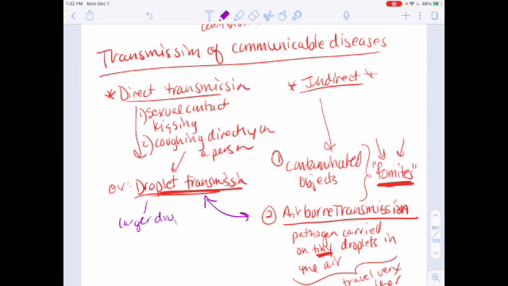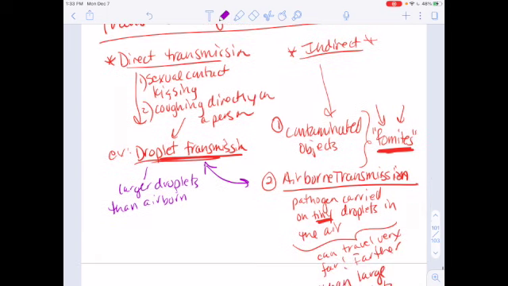Larger droplets, water droplets that is, than airborne. So they don't travel as far. Larger droplets do not travel as far as tiny droplets. It has been aerosolized or airborne.